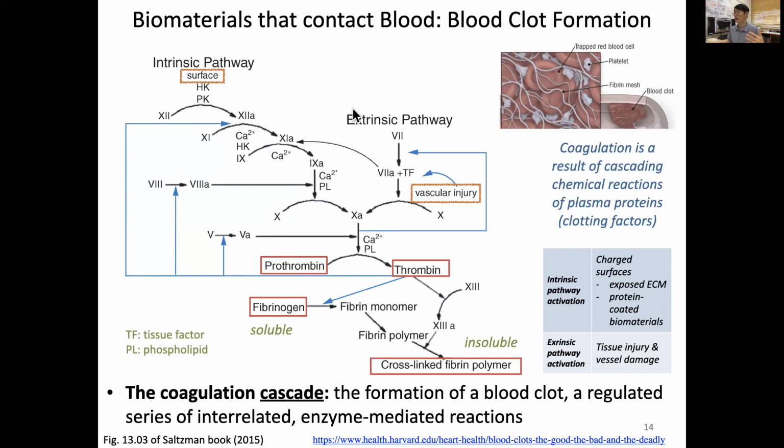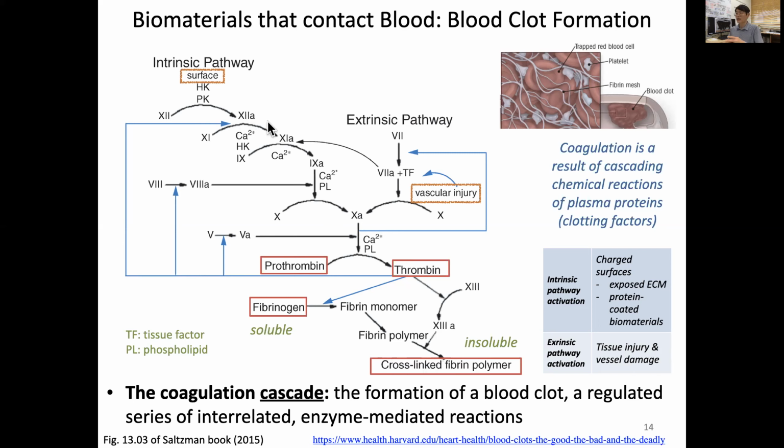And the extrinsic pathway is coming from vascular injury and tissue factor, and it makes factor X activated. The important thing here is that prothrombin becomes converted into thrombin, and that goes back into the original, which makes a positive feedback to make this process real quick, an amplification, so that eventually it converts the soluble fibrinogen into fibrin polymer, and cross-linking fibrin polymer, such that these are insoluble and it forms a blood clot.